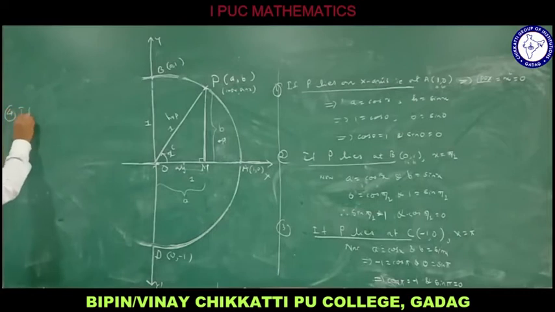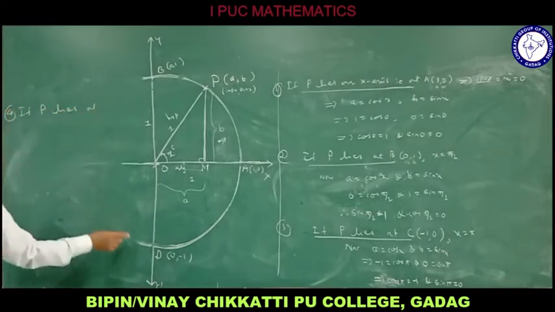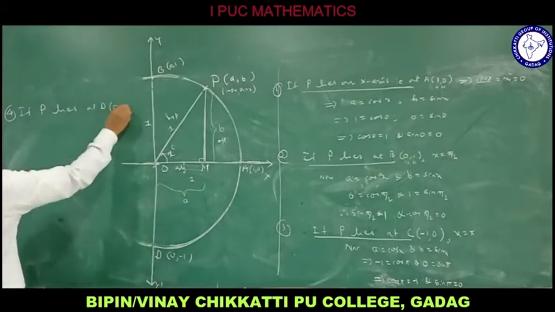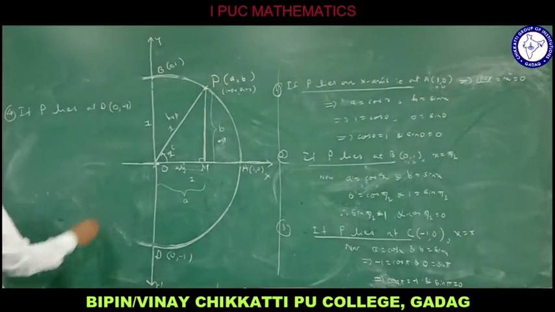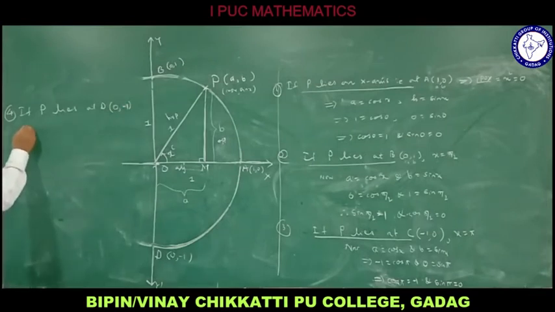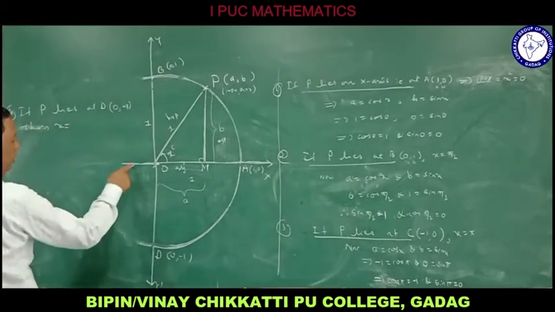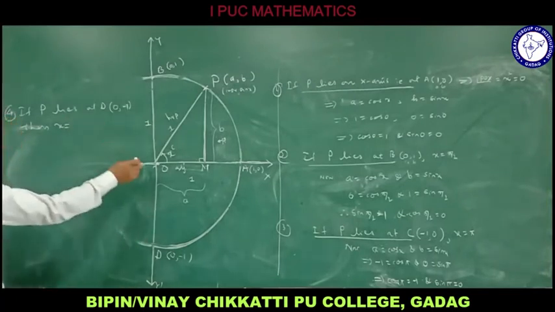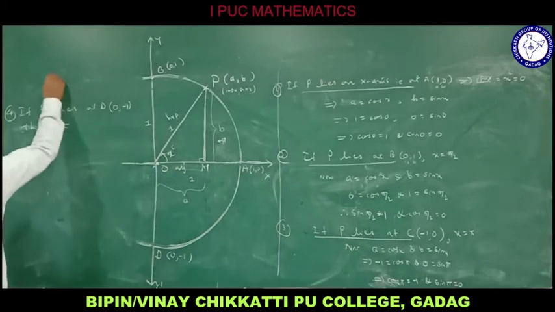If P lies at D, what are the coordinates? (0, -1). And what is the angle? X is equal to the angle, 2 pi plus pi by 2, up to here, pi plus pi by 2.